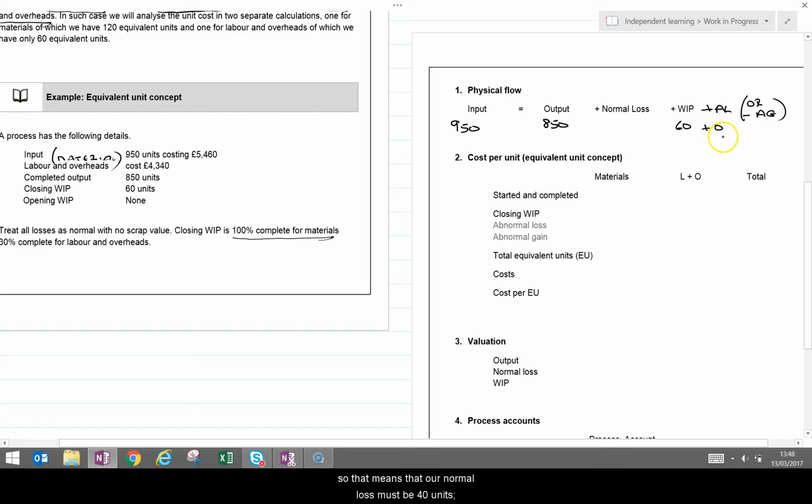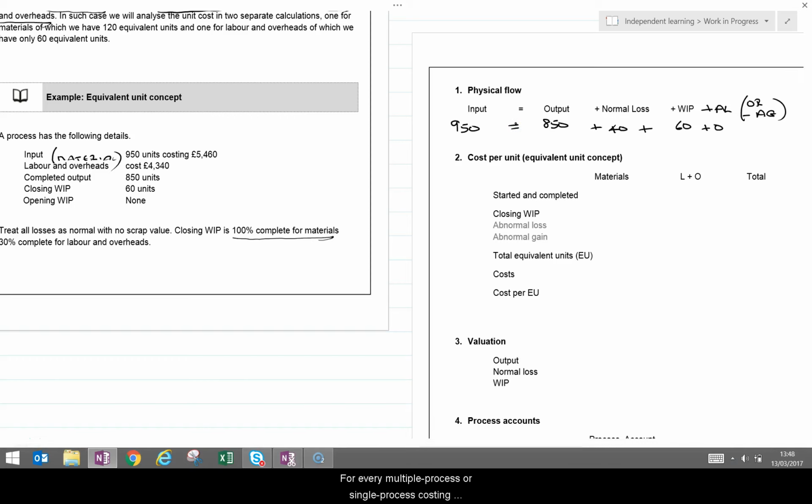So that means that our normal loss must be 40 units. 850 plus 40 plus 60 plus 0 gives us our input of 950. So there's our physical flow.